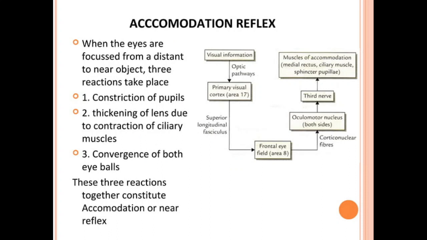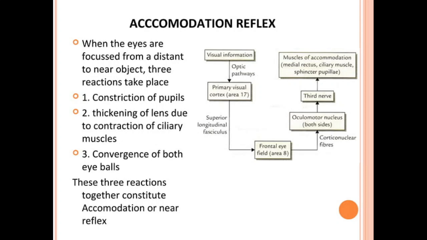Accommodation reflex. The accommodation reflex is a physiological response that occurs in the eye when it changes focus from an object at one distance to an object at a different distance. Specifically, the accommodation reflex involves a change in the shape of the lens in the eye, which allows the eye to focus on objects at different distances.